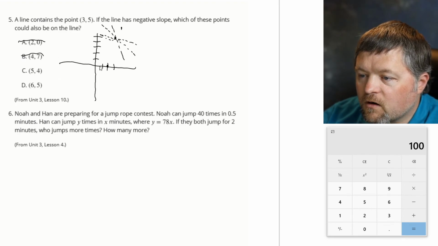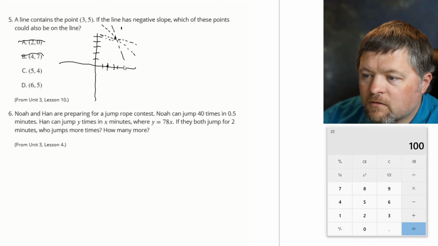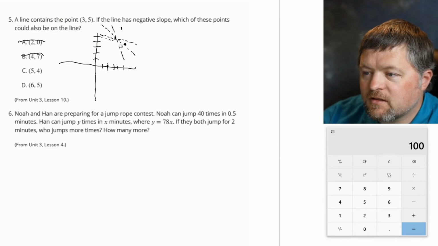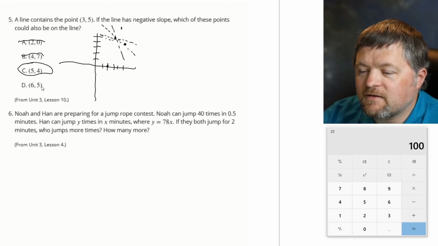(5, 4). 1, 2, 3, 4, 5. (5, 4) looks possible. That's practically on one of the lines that I had drawn. And (6, 5).